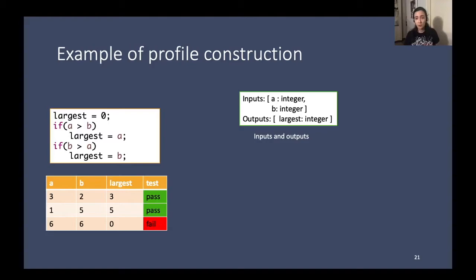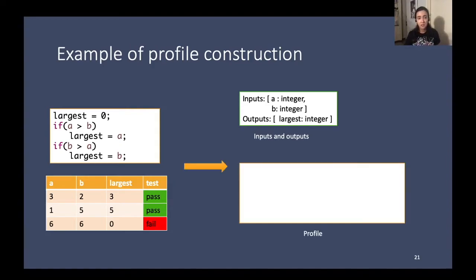Back to our example, let's assume using automated fault localization, we identified this buggy snippet of code. Then we need to create constraints based on the test cases that describe the expected behavior of this piece of code. These constraints, that we call the profile, look something like this.